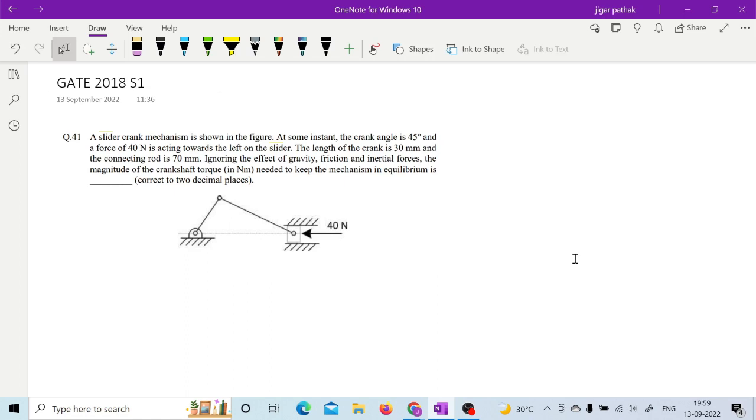Now ignoring the effect of gravity, friction and inertial forces, the magnitude of the crankshaft torque in Newton meter needed to keep the mechanism in equilibrium is, right? So what you have to calculate is the magnitude of the crankshaft torque. So you can start calculating. You can try it.